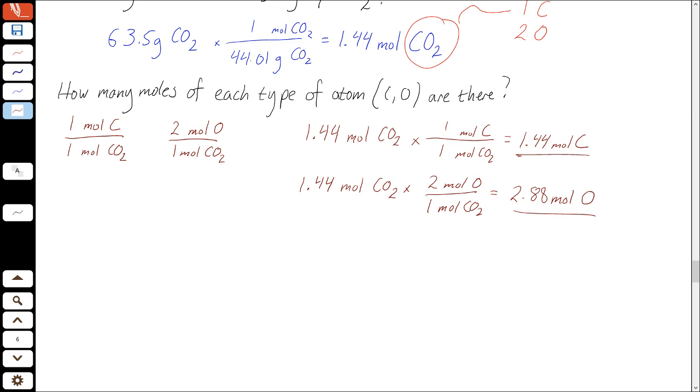So if you've got a thing that has two of the same kind of piece for every unit, and you've got so many units of them, you've got double the number of that piece that you need to put that together. So when we're talking about counting atoms, you're going to have more of the individual pieces than you have of the whole. Any questions about that idea?